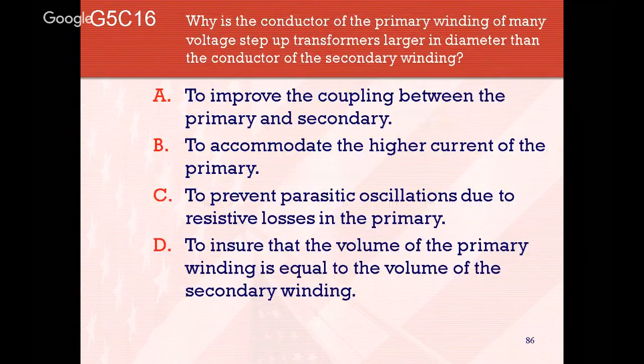So, why is the conductor of the primary winding of many voltage step up transformers larger in diameter than the conductor of the secondary winding? This is to accommodate the higher current of the primary. We're talking about the diameter of the conductor itself, not how many windings there are.